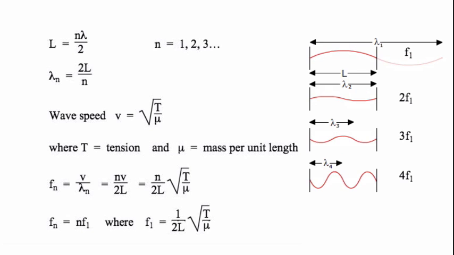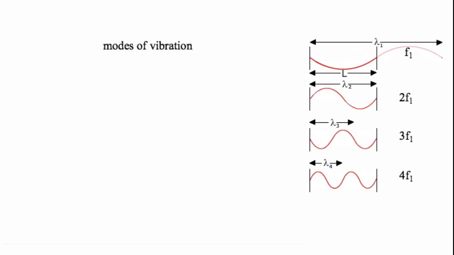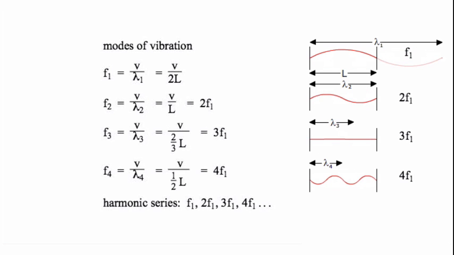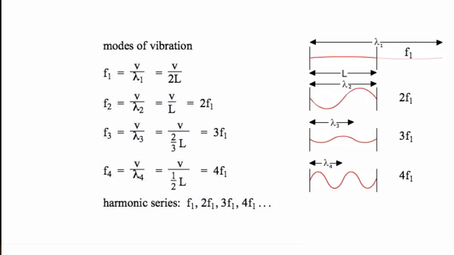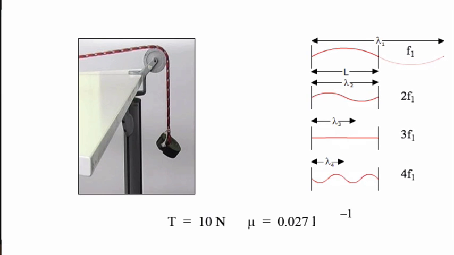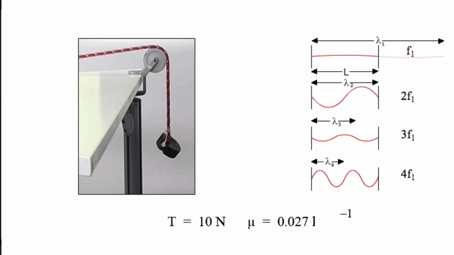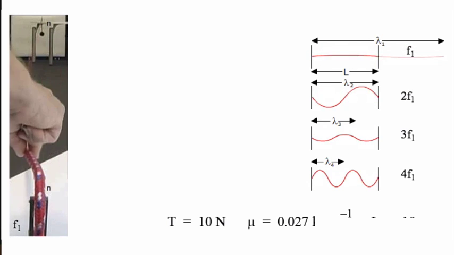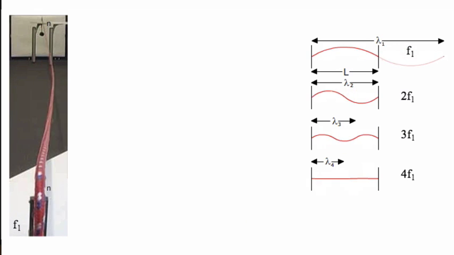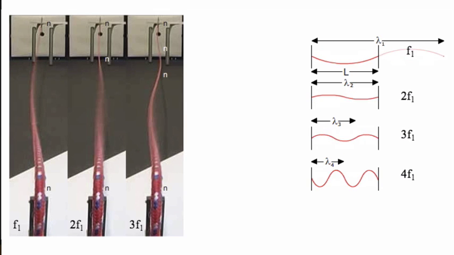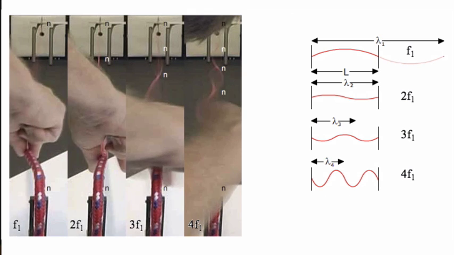The animation shows some of these resonant standing waves, which we call modes of vibration. Their frequencies are called the harmonic series, for reasons that we'll hear later. We can see this in a rope where the vibrations are slow enough to see. I keep the tension constant and excite the wave with different frequencies, and I see that there are standing waves here with a frequency F1, with twice that frequency, with 3 times that frequency, and with 4 times that frequency.